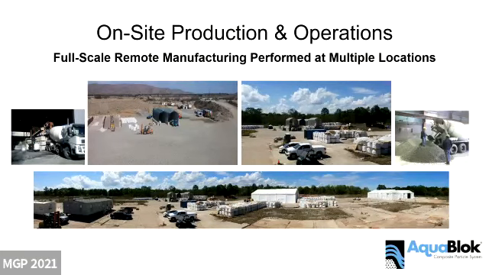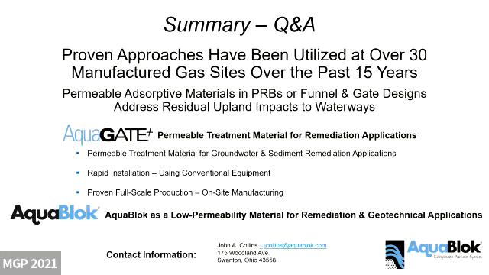So we think we can keep it cost effective even for large scale applications. In summary, I talked about the two different materials and the different types of applications, and how they can be applied in a real world application. So that's all I have. Thank you.